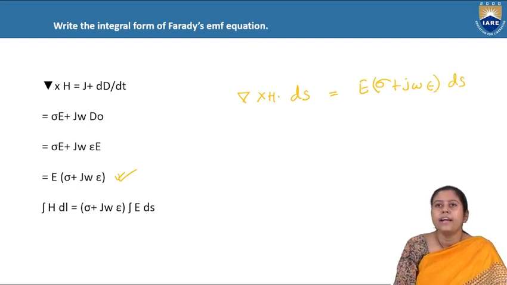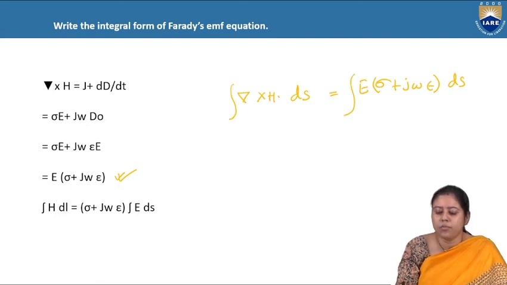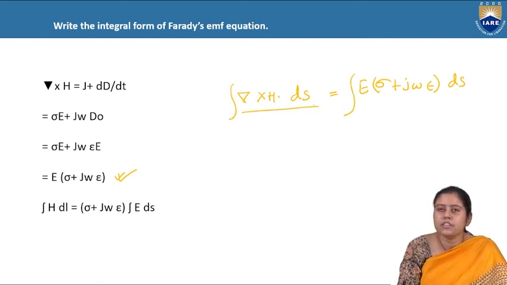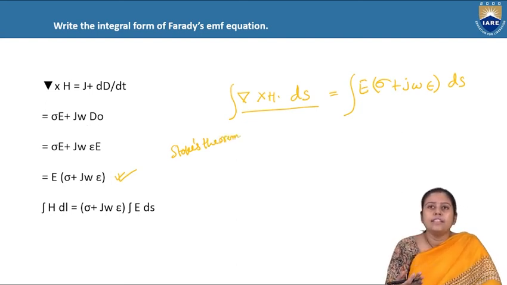If we do the integration on both sides, for grad cross H ds we can use the Stokes theorem, which lowers the order by one.